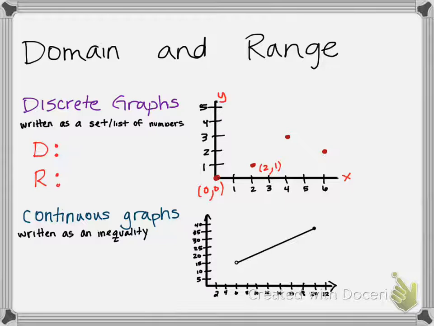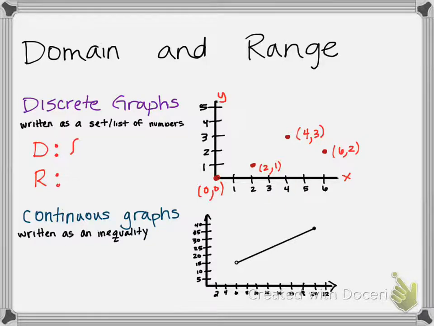The third one happens at, it looks like 4, 3. And then the fourth one happens at 6, 2. So now that we can see all the different points that are on the graph, it's all the x values or the input values that go into this list.